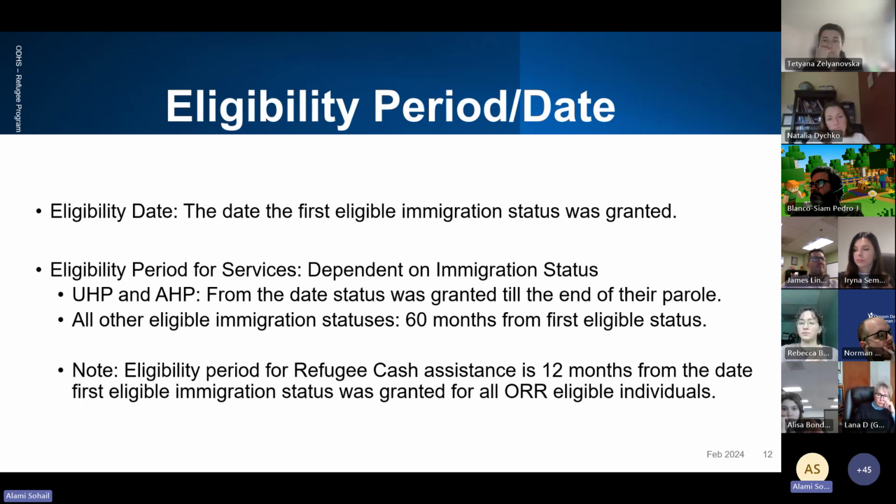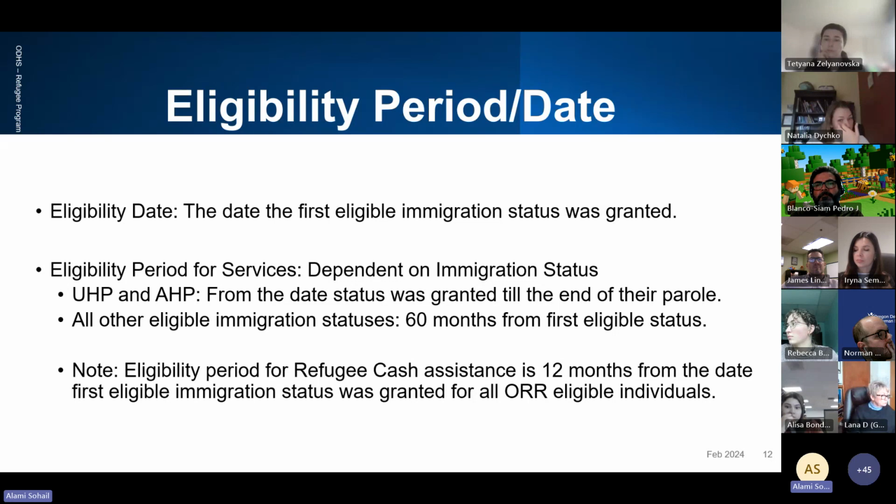I didn't want to go into that much detail on it. So for UHPs and AHPs, the eligibility period is from the date that they received the eligible status till their parole ends, unless they get another eligible status, which is asylum, or their parole got extended.